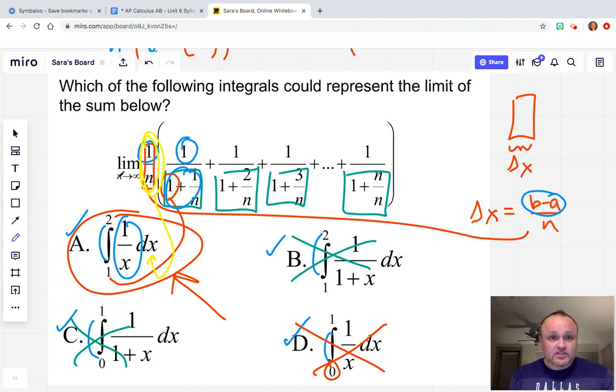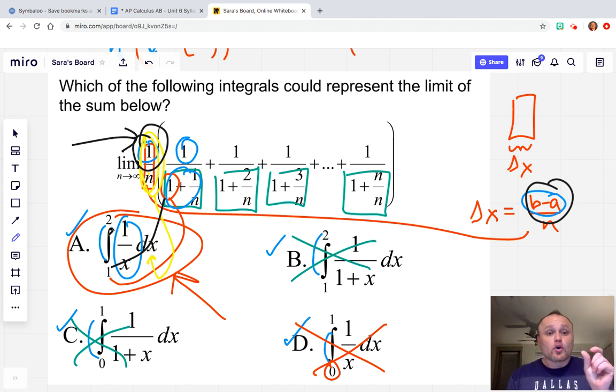So as this n approaches infinity, 1 divided by infinity will make that approach 0. And last but not least, this 1 up top that we got from b minus a shows that starting from this 1, we're going to have a jump of 1 total. So 1 to 2 would give you that jump. That's why A is the answer.